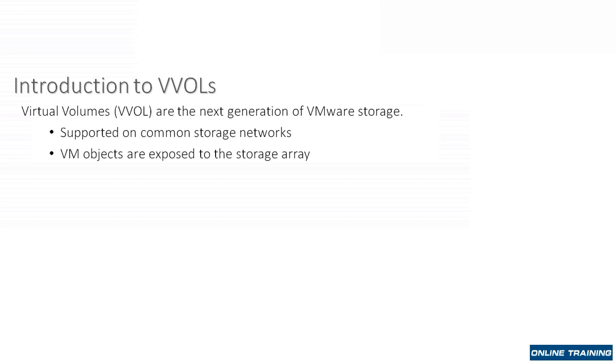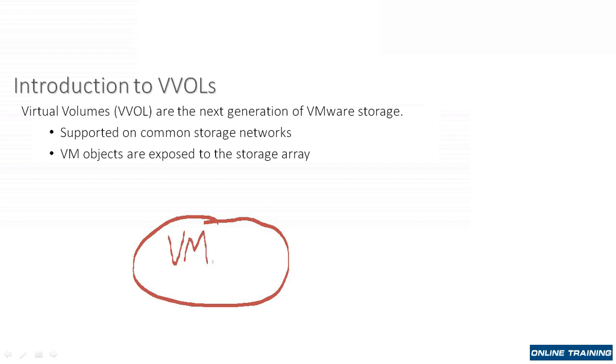But the biggest difference is that our virtual machine objects are actually exposed to the storage array. So let's think about the way that things are right now. Without virtual volumes, what we've got are data stores, and our data store is formatted with VMFS. When you take a data store and format it with VMFS, you're creating a file system on that data store that the storage array does not understand.